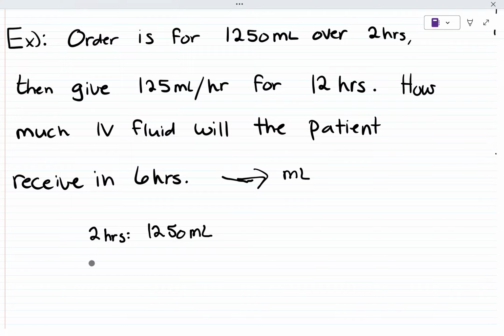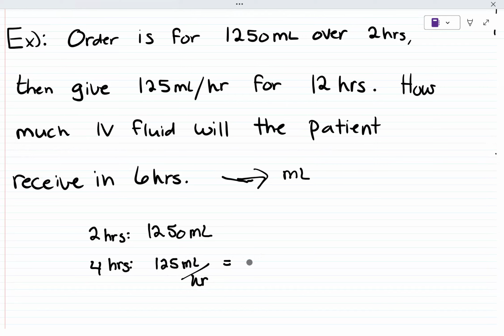And then after that, in the next 2 hours, 4 hours, it's growing at a rate of 125 milliliters per hour.